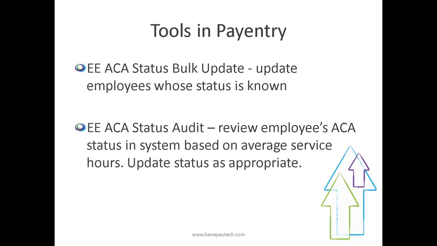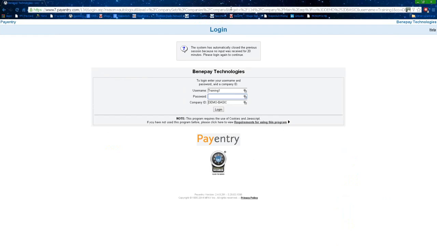Then you can update their status if it is currently set up incorrectly. So now I'm going to go into the Payentry system, and we're going to take a look at both of these tools. So we'll go ahead and log in here.